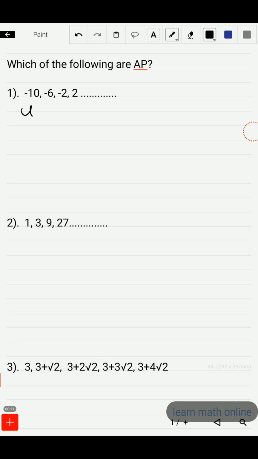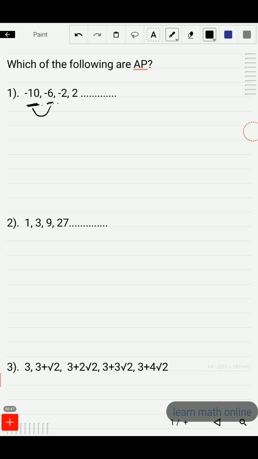The first term here is minus 10. The second term here is minus 6. To check whether the list is in AP or not, we should subtract the first term from the second term.